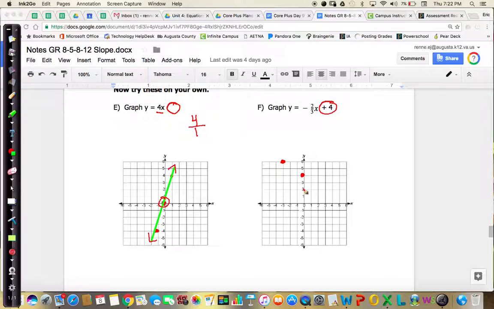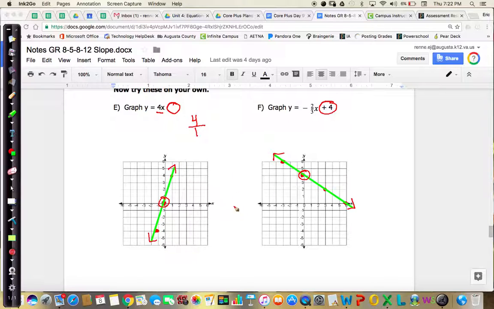I'm going to go down 2 over +3. I'm going to connect the points, and I'm going to put arrows and circle the y-intercept, and it does, of course, match up. Read it like a book, and it slopes down. And I forgot to read this one like a book, and it slopes up.